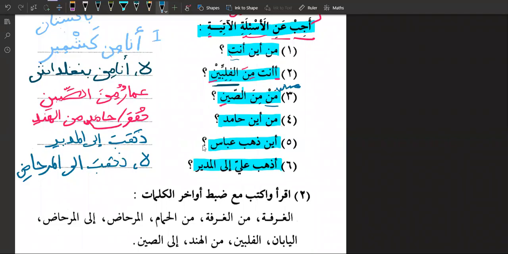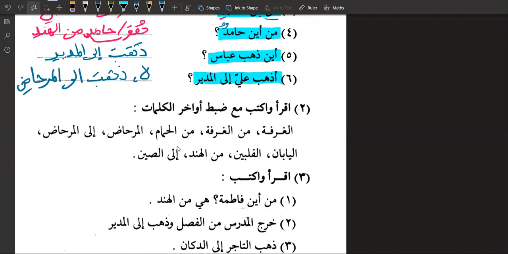So من الصين, who's from China. عمار من الصين. من أين حامد؟ هو من الهند, or we just say حامد من الهند, or we could just say من الهند. أين ذهب عباس؟ ذهب إلى المدير. أذهب علي إلى المدير؟ لا ذهب إلى المرحاض. ممتاز.